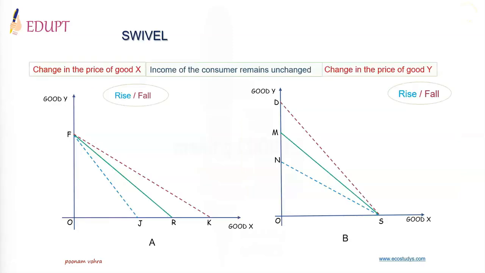Now let us assume that income of the consumer remains unchanged, but price of both the goods changes.